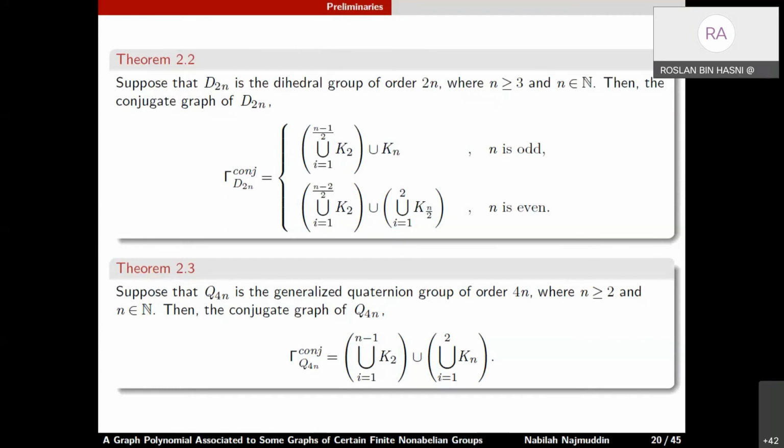Is that the reason why you obtain a disconnected graph here? No, we did not determine the disconnectivity, but when we list the elements of the group and make them the vertices, and then put the relation that two vertices are adjacent when they are conjugate, the graph forms this graph.